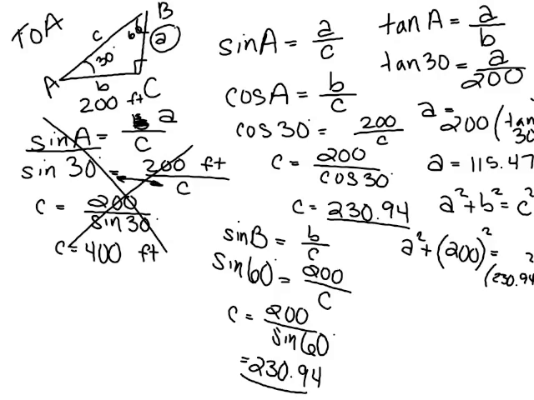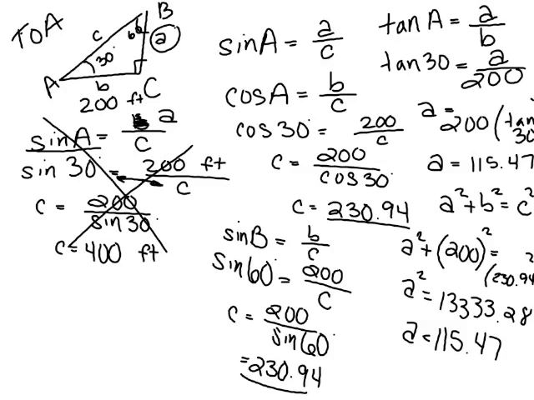So a squared equals 1333.28. Take the square root. A equals 115.47.